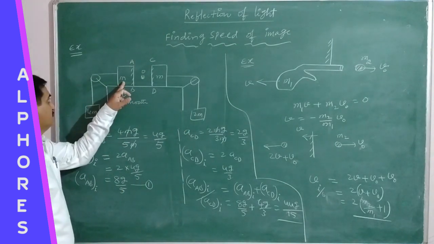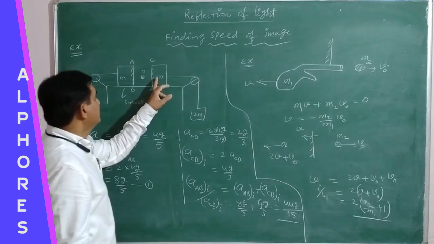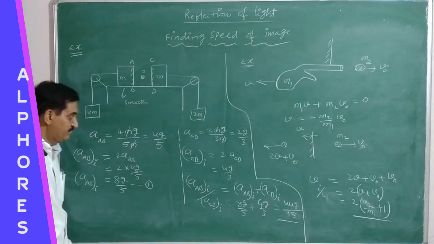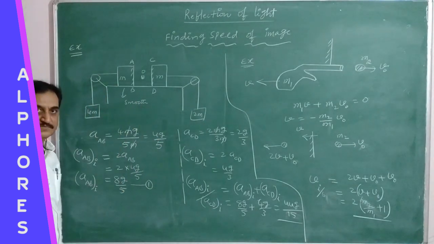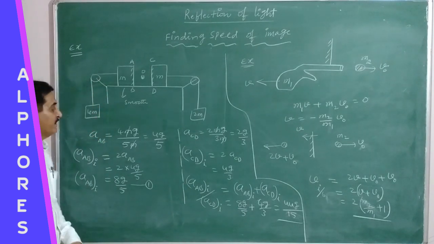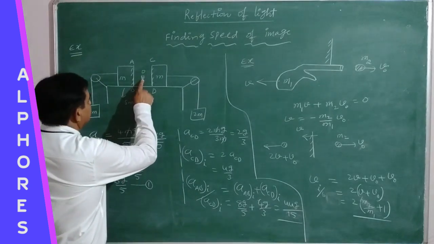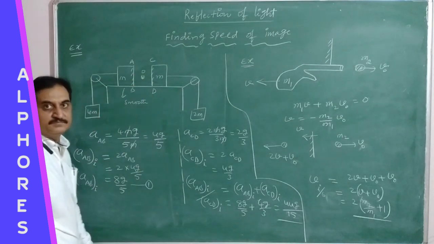Of course, AB block is connected with 4M and CD is connected with 2M, and the table is smooth. There is no friction anywhere. Friction is absent everywhere. Okay. Now the system is released. An object is kept in between these two, which is stationary.